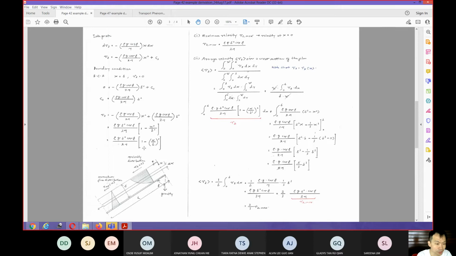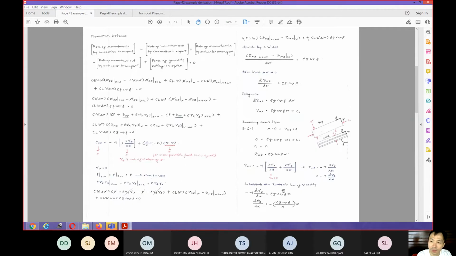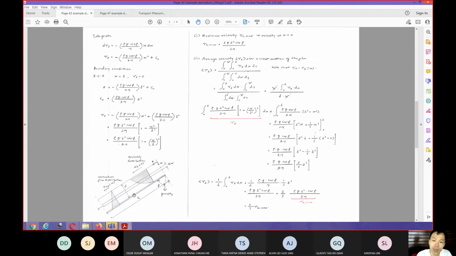Now, what is the connection between the velocity and the shear stress? You notice that at the point where the shear stress is equal to 0, the derivative of the velocity in the z direction with respect to x is equal to 0. At that point, your velocity becomes maximum.